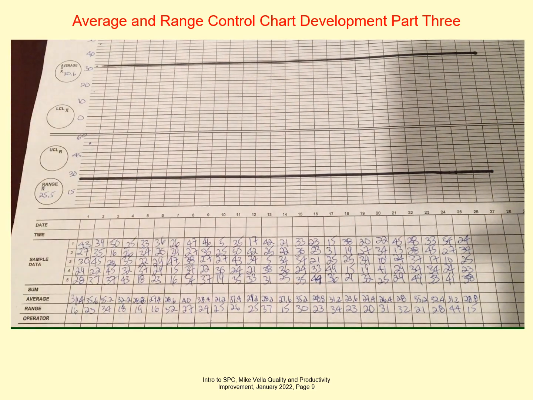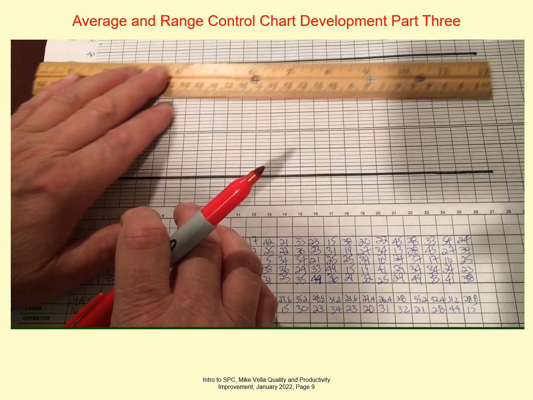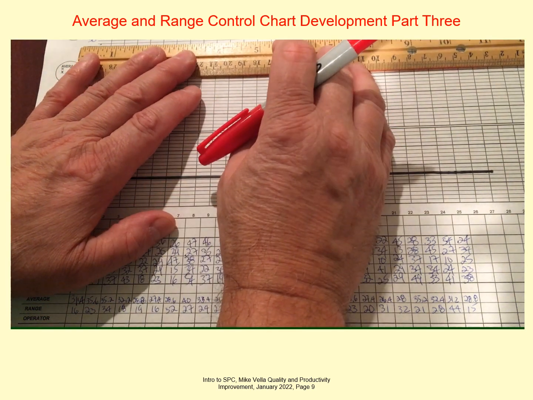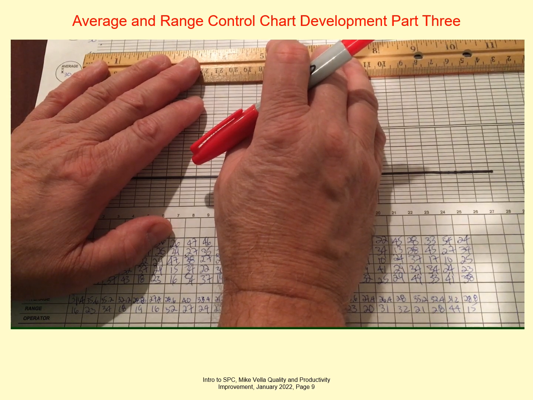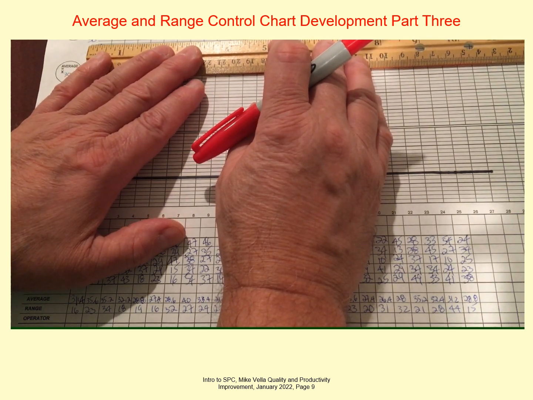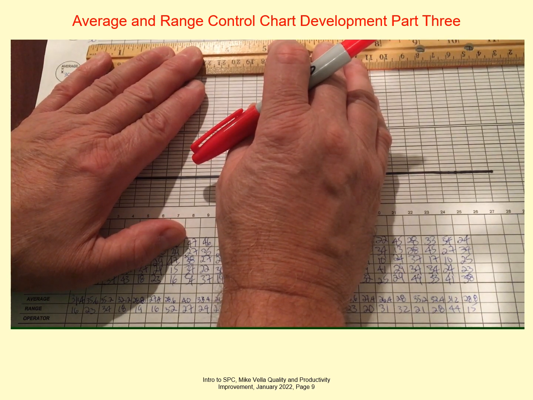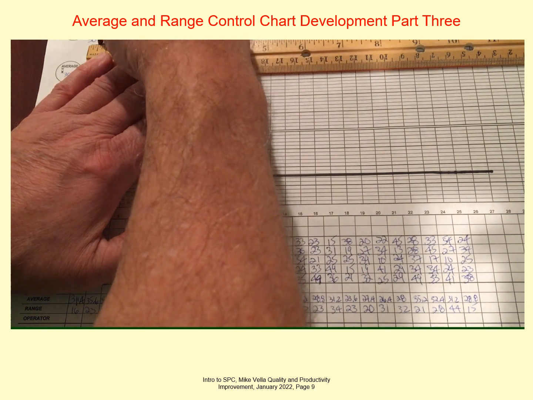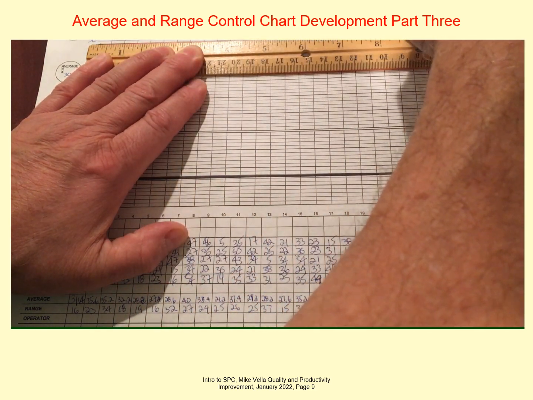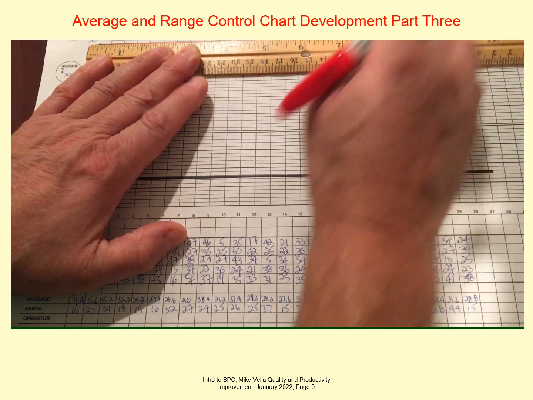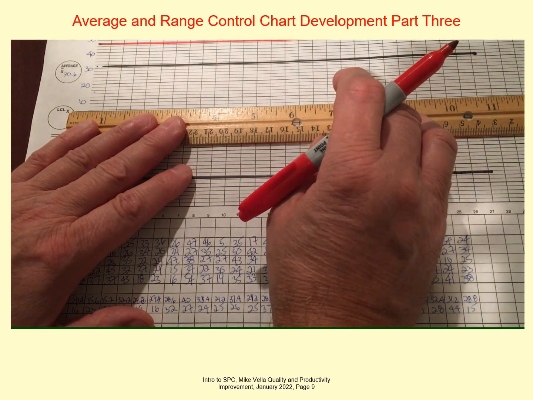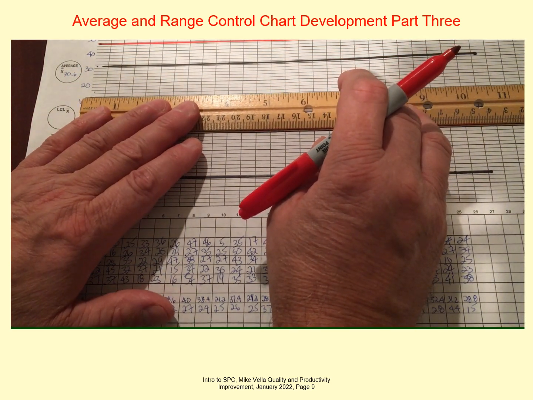And we're going to get real fancy here. We'll put those in red. So the upper control limit for X bar is 45.31. Won't be able to find that last digit there. It's between 40 and 50, so that's about 45 right there. And the lower control limit is 15.9. It's almost 16.